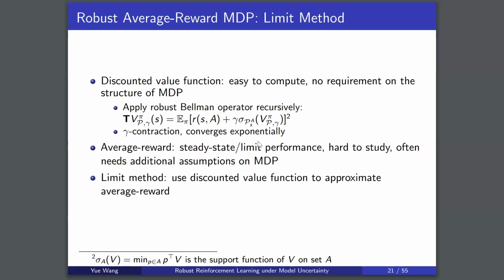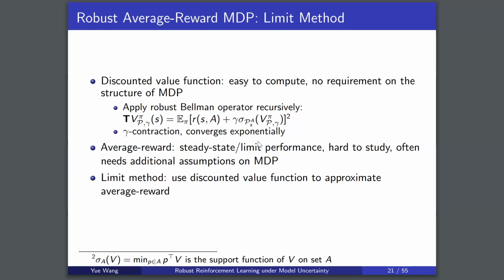You just calculate that minimum once. Yes, so in the model-based setting, you can just calculate this part. As I mentioned, there are two categories: one is model-based and one is model-free.